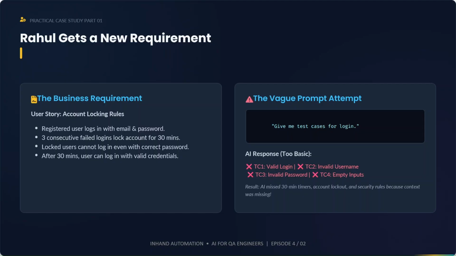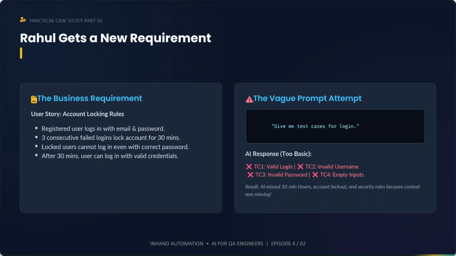But let's think about this now. What exactly did Rahul ask? He just gave this one line, which says, give me a test case for login. Tell me in the comment section whether this test case is not covering the login functionality. It is covering, right? So AI is not behaving wrongly here. But what is wrong?